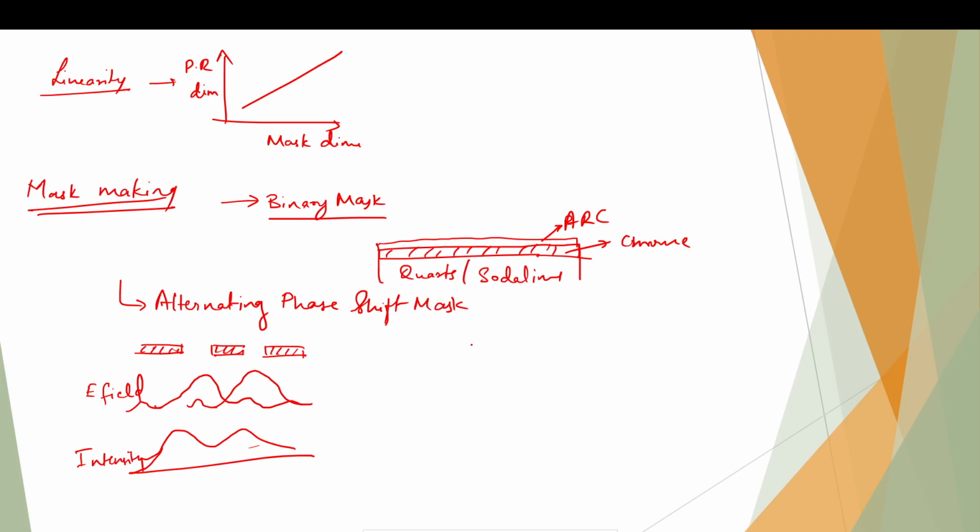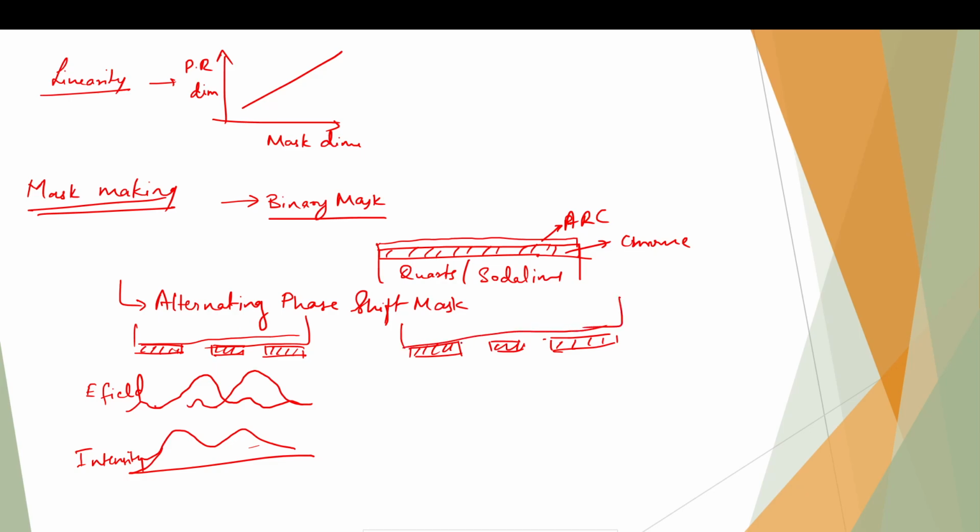So what happens in an alternating phase shift mask is, I have a mask, but now since the top of the mask is glass, right? It's just soda lime glass or quartz, so transparent material basically.